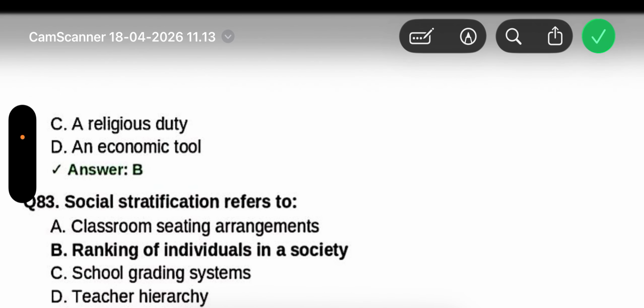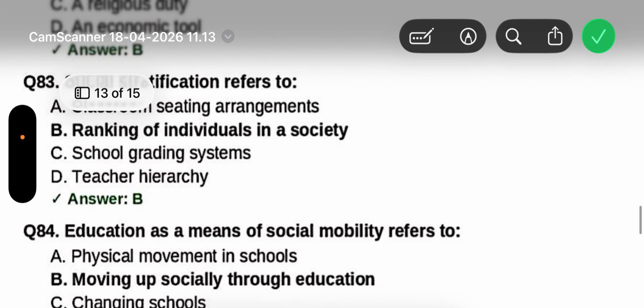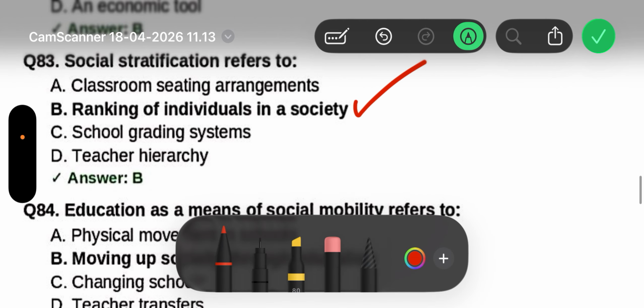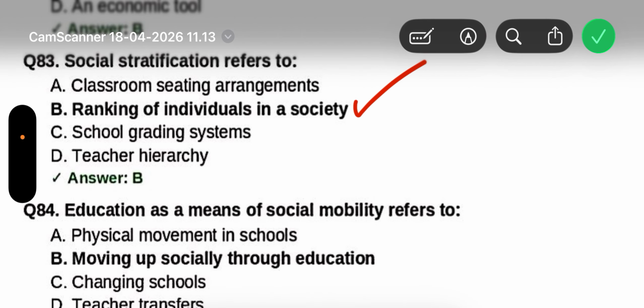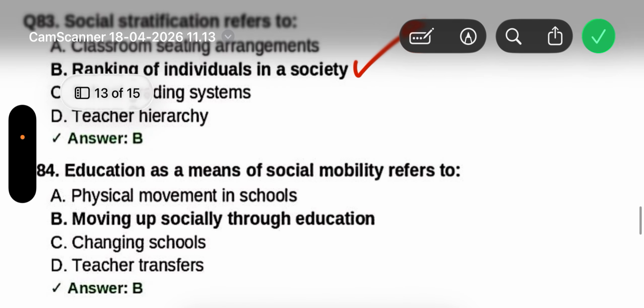Question number 83. Social stratification refers to ranking of individuals in a society. In society, multiple fragments exist and a society is divided. So ranking of individuals in society is social stratification.